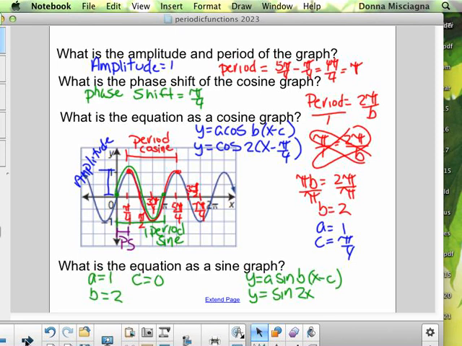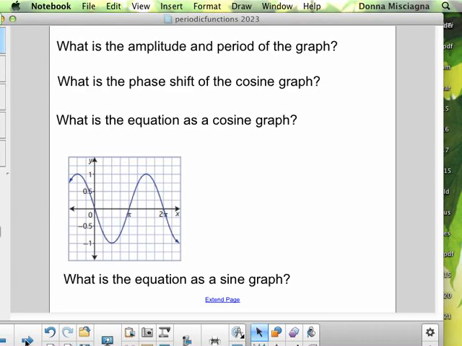Right, this is the last one. Looks like there's an amplitude change, but there isn't. All right, let's highlight one period of cosine. This is the only period we can see.